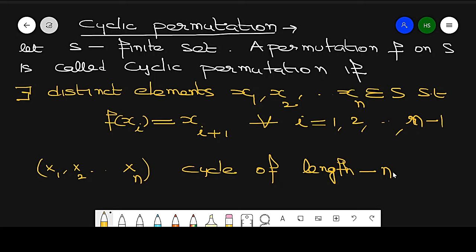Before I discuss some examples, the first definition is called a transposition.